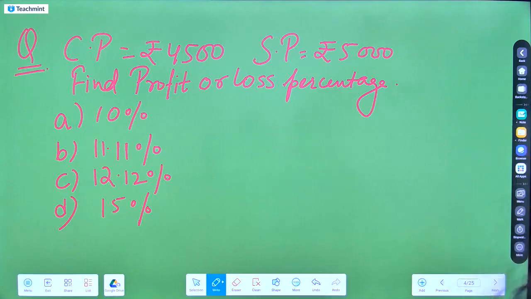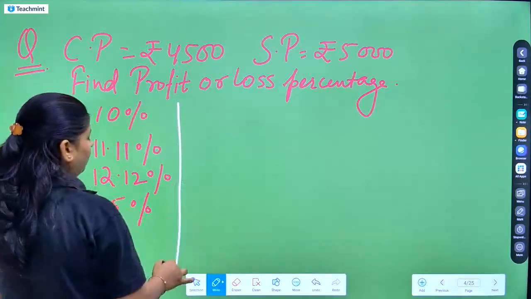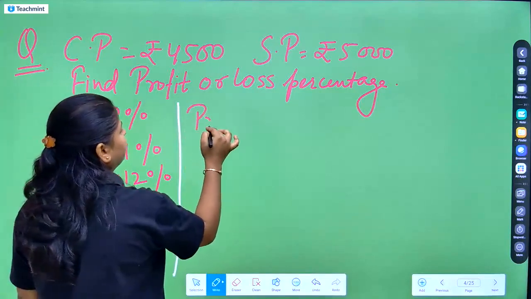Oops. Beta. What was the formula for profit percent?